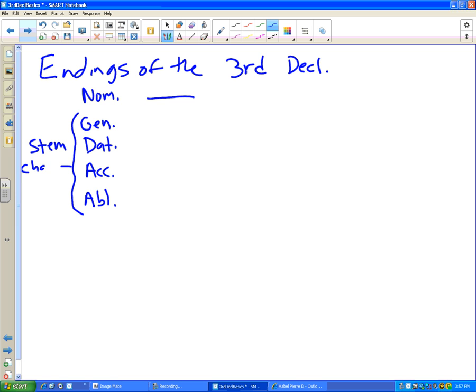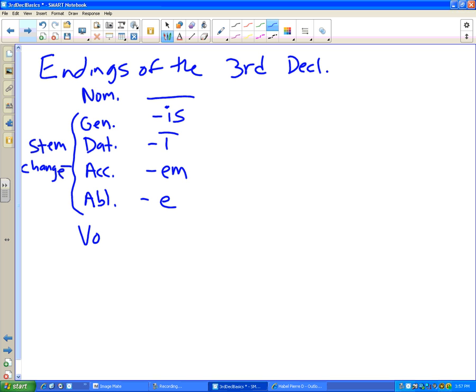I can't overemphasize enough the importance of the stem change that shows up. So there's going to be the stem change, but the ending itself is, and it's a short is, then long I, then em, then short e.